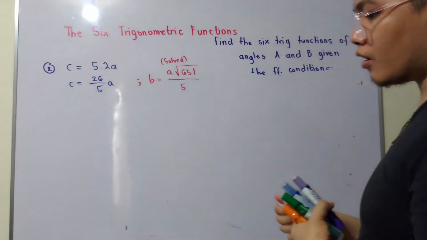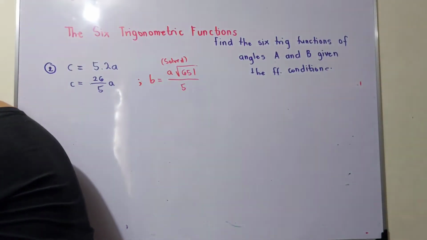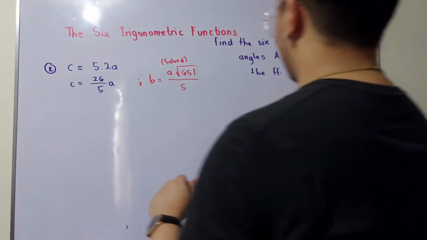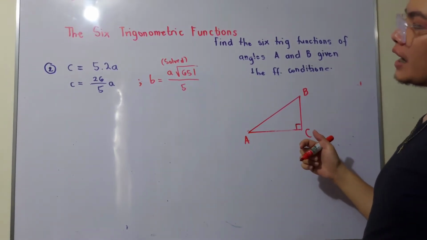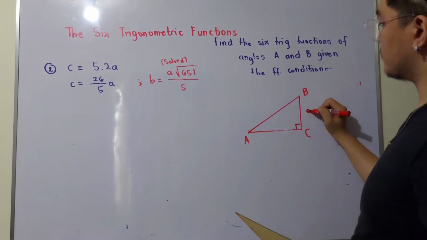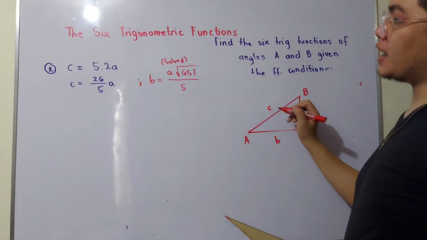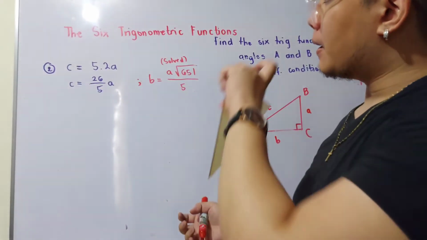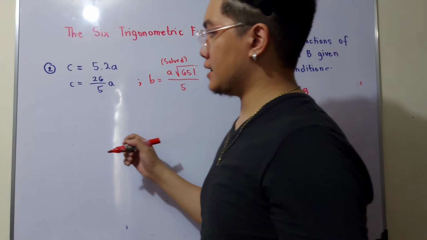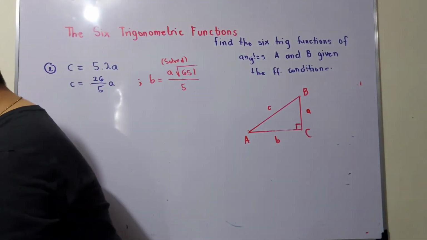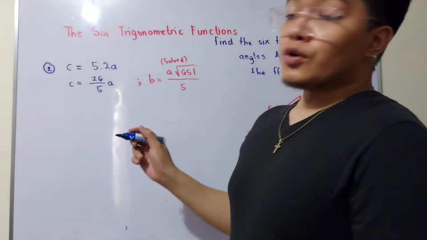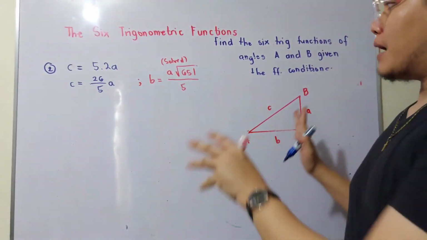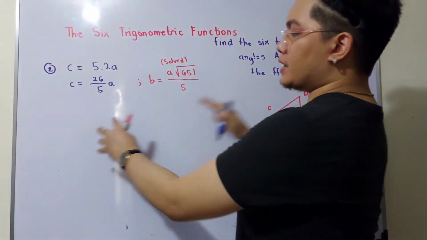Okay, of course, mag-drawing tayo ng guide ng triangle. Wala tayong specific na length, no? Trigonometric functions na tayo. So, yung kanina, yung first example, ang haba nung ginawa natin, di ba? Kasi meron 4B, tas meron 4A.